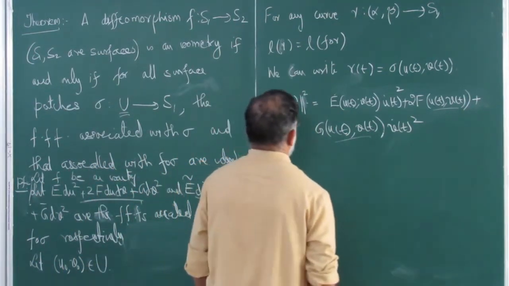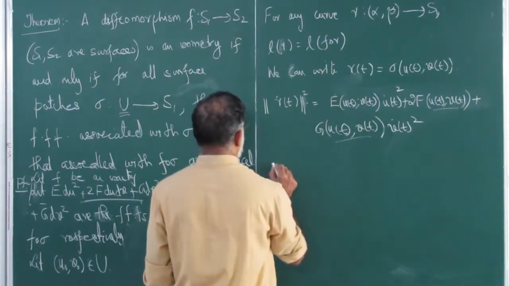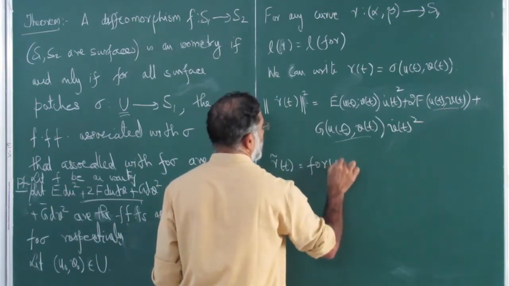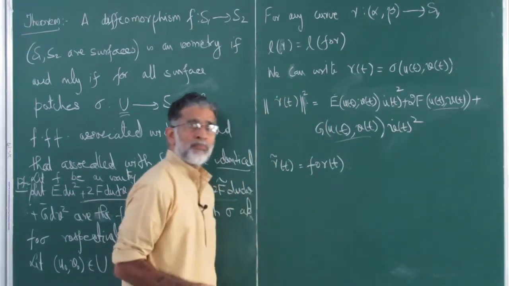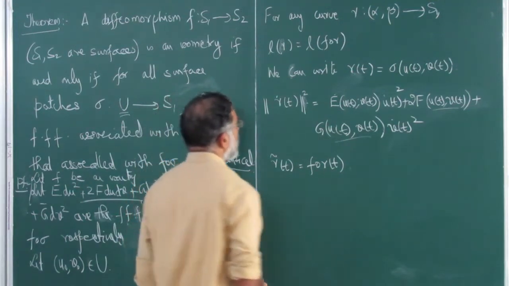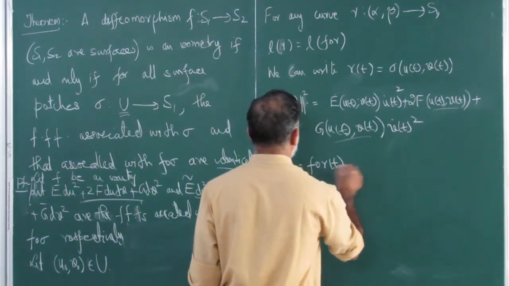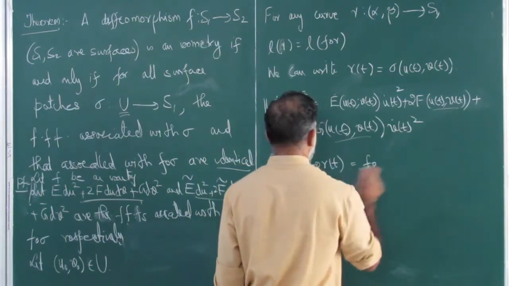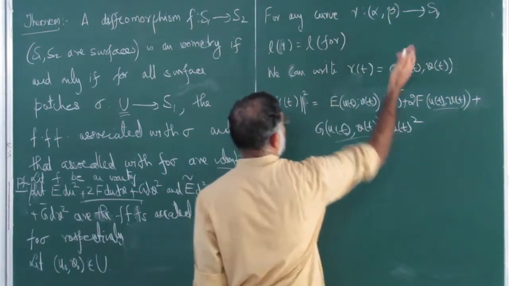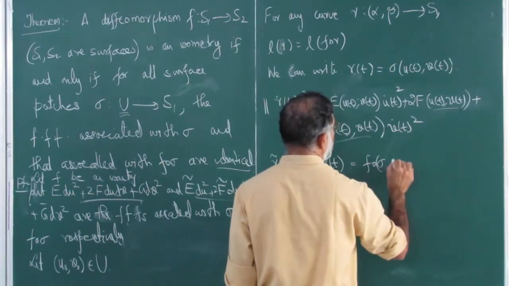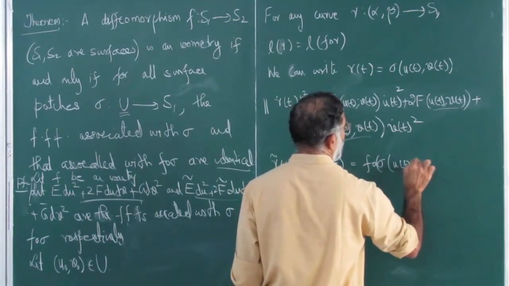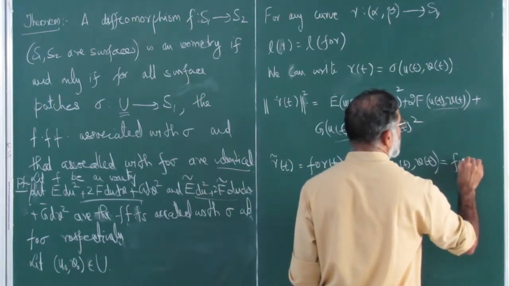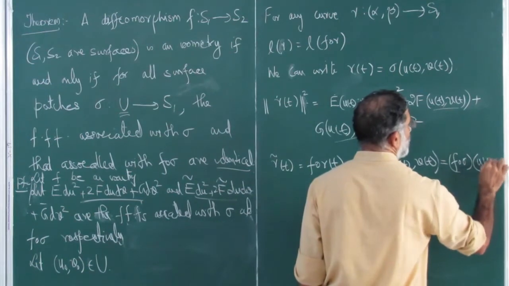Let us write the other one. Gamma tilde t is equal to f composite gamma t. So what do you get? That's f composite gamma t, which can be written as f composite sigma of u(t), v(t).